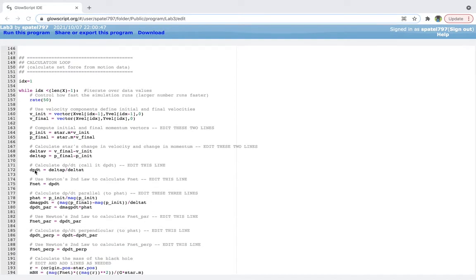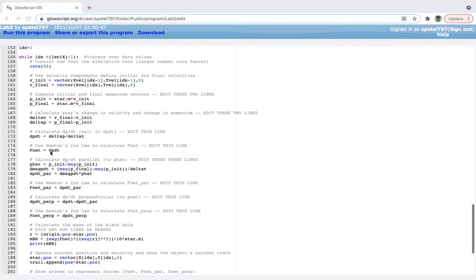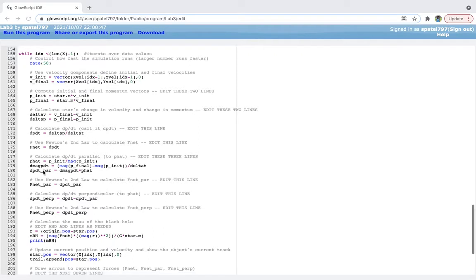We then calculate dp/dt, which is our net force, and that is delta p over delta t. Again, our net force, according to Newton's second law, is equal to dp/dt.